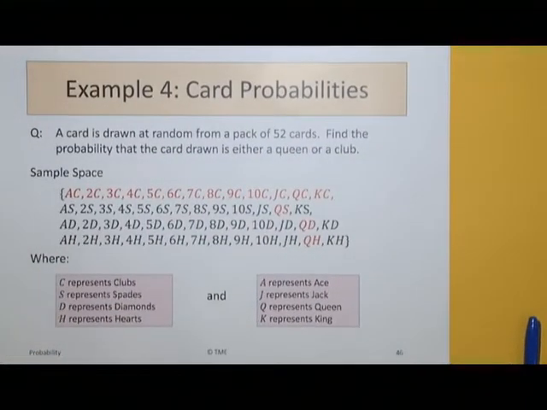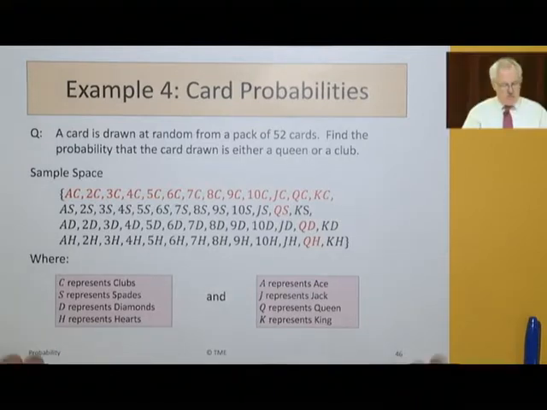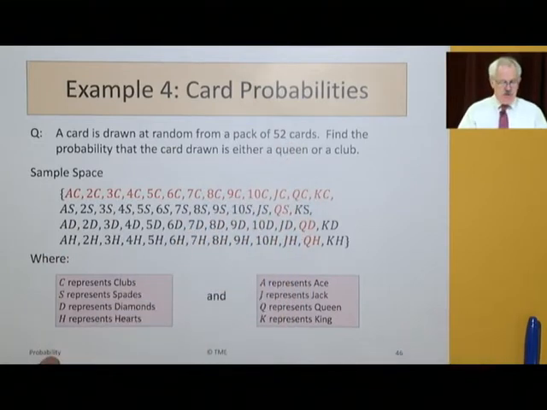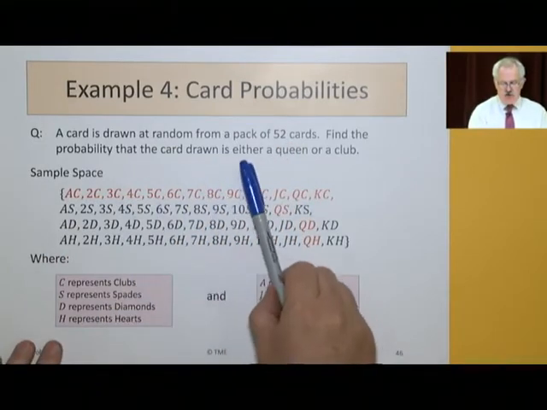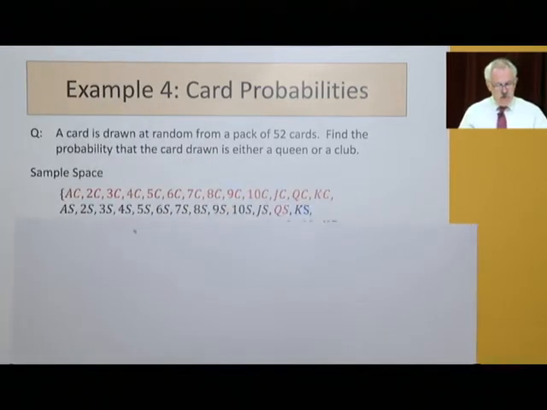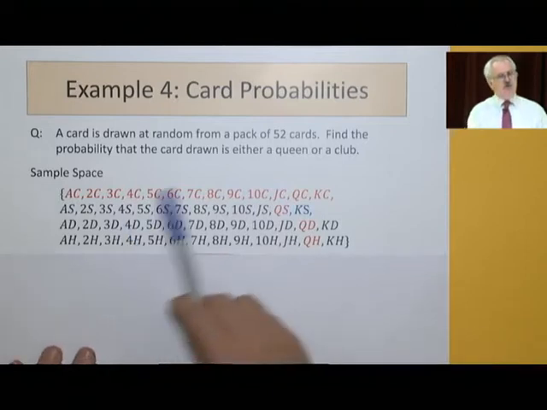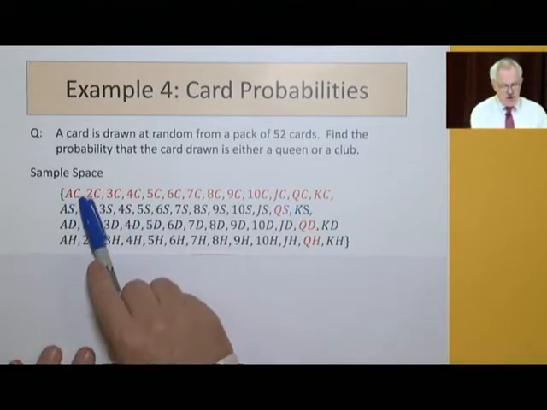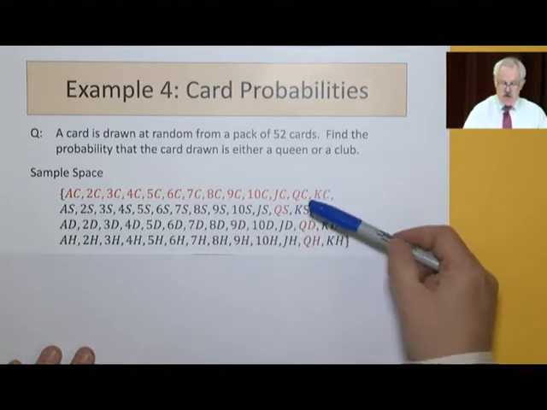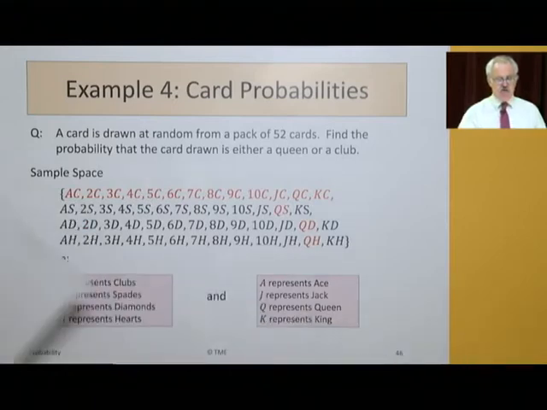Now, if I turn to the next example, card probabilities. A card is drawn at random from a pack of 52 cards. Find the probability that the card drawn is either a queen or a club. We had done it before with sample spaces, but does it work in the formulae? Here we've got all of the clubs showing, and here we've got all of the queens showing, queen of clubs, spades, diamonds, and hearts, with the representations as before.